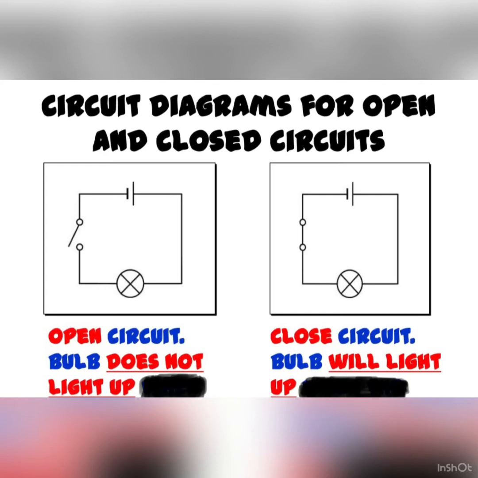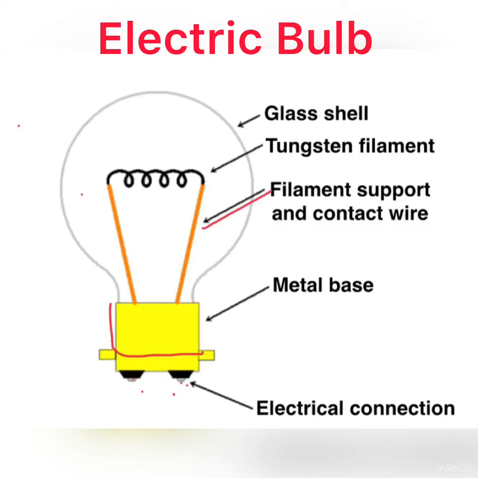Now we'll discuss the electric bulb. An electric bulb is designed to emit light. It consists of a thin, coiled filament made of tungsten, supported by support wires on a glass mount, which are further connected to the terminals.